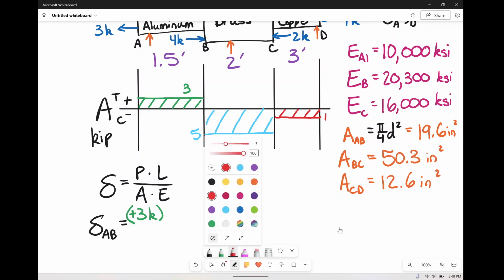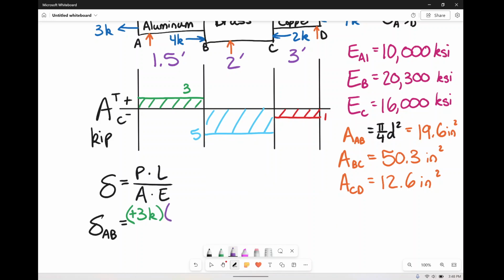Our length we do have up there in purple, and our length is going to be 1.5 feet. But nobody should be talking about feet when they're talking about deformation, because measuring deformation in terms of feet is really ridiculous. So let's change that to 12 inches in 1 foot, and magically that'll cancel out the feet, and we'll get inches.